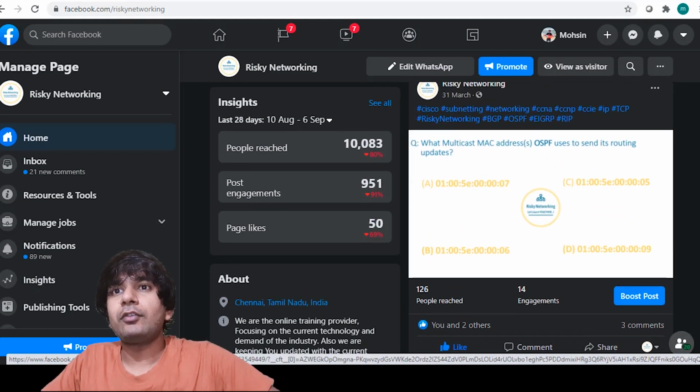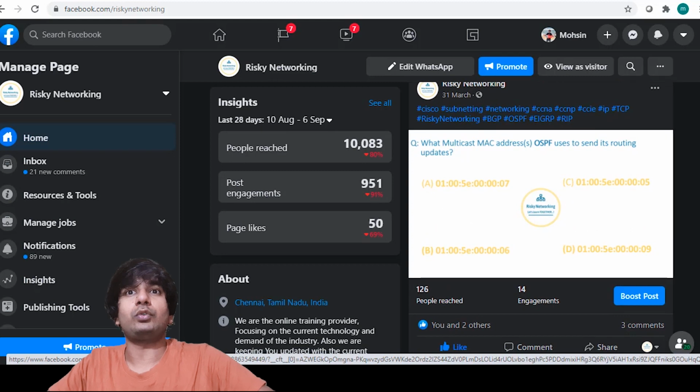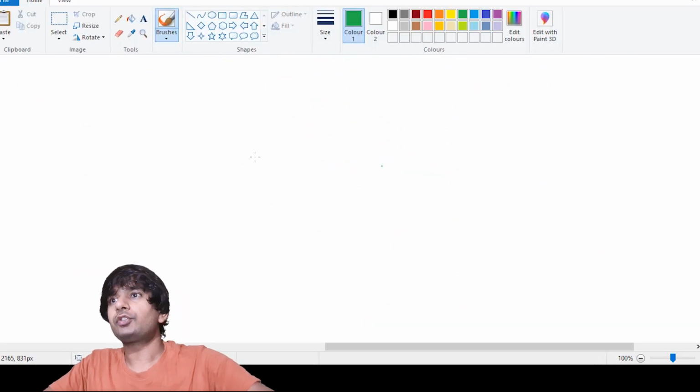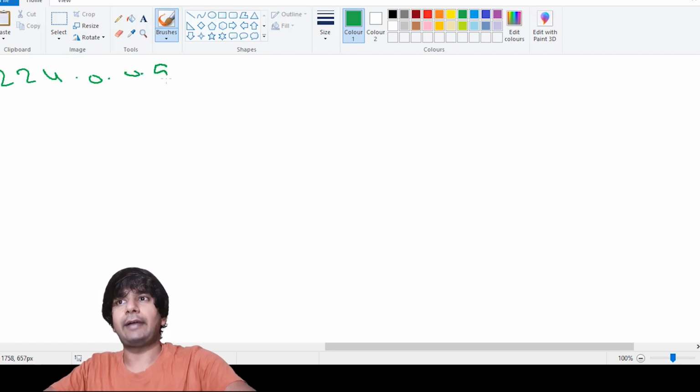Now the multicast MAC addresses that OSPF uses to send its routing updates. The first IP is 224.0.0.5, and another one is 224.0.0.6.